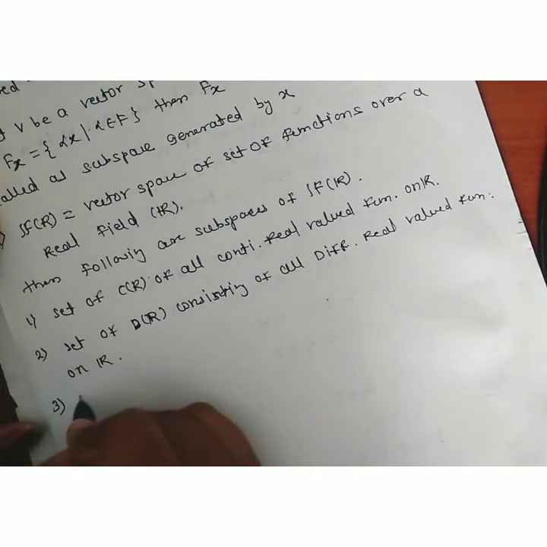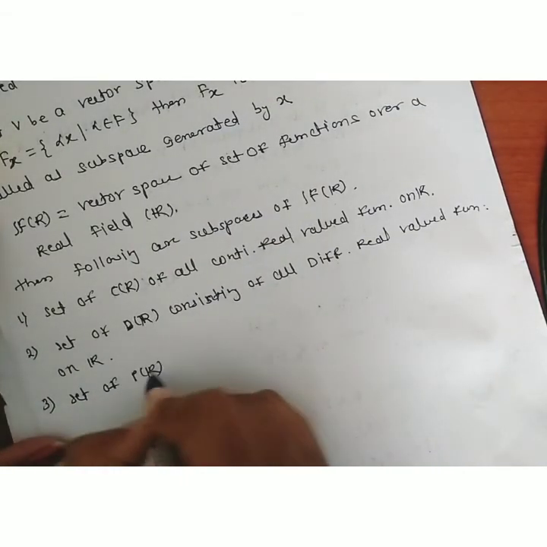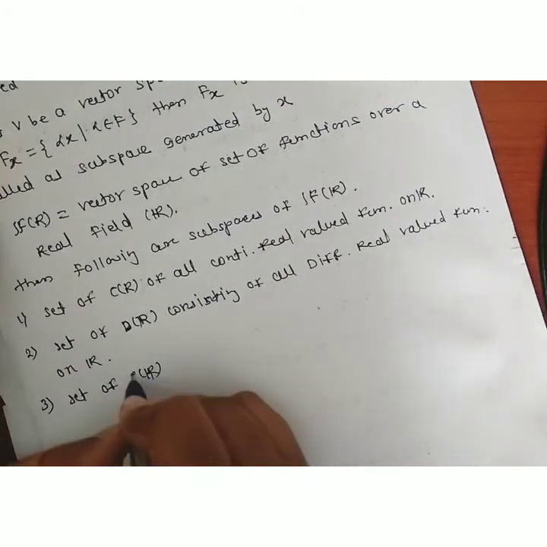And the third is the set P over R. What is P over R?